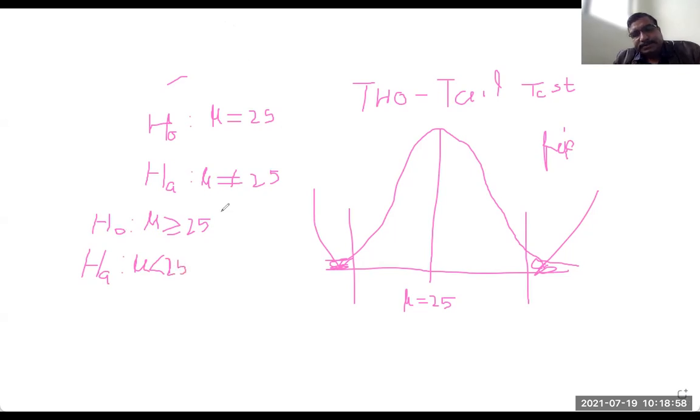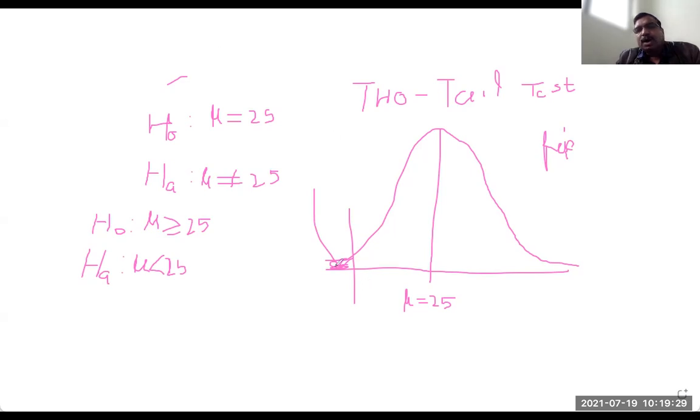Now in this case, all the region where the speed is 25 or more than 25 is the acceptance region. So if the value falls below a particular critical value, we are going to reject.